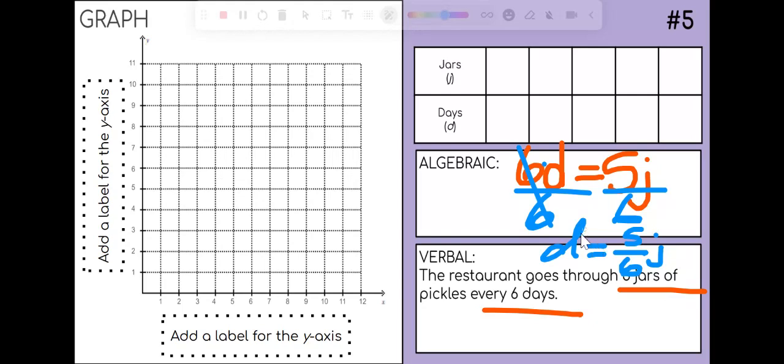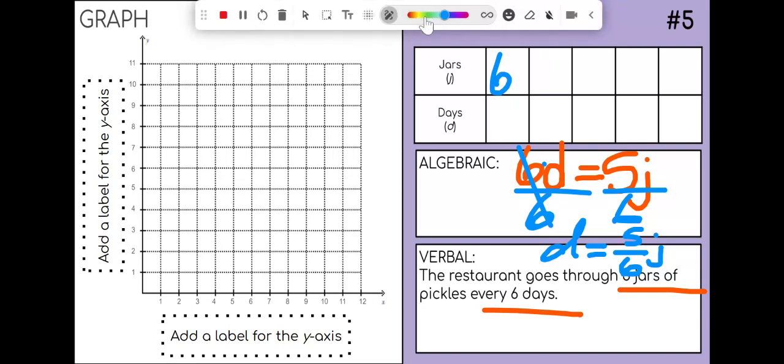Now, don't worry, we're not going to do this fancy multiplication here for our table. You could, because you get Desmos, but we're going to be smart about this again. My first value in my table is going to be what my word problem already told me. 6 jars. Oh, whoops, sorry. That's wrong. 5 jars in 6 days.